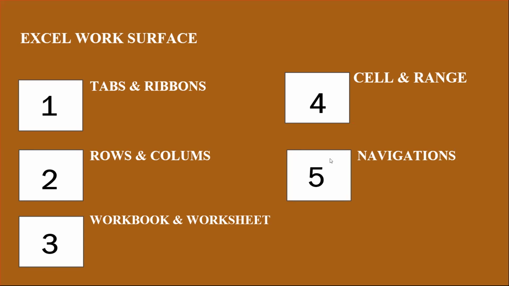Rows are the horizontal part of a spreadsheet, while the columns are the vertical part of the spreadsheet used for data entry.